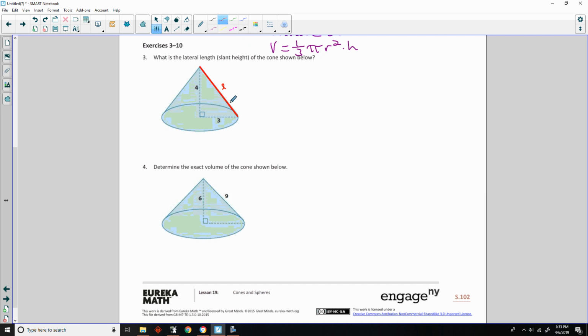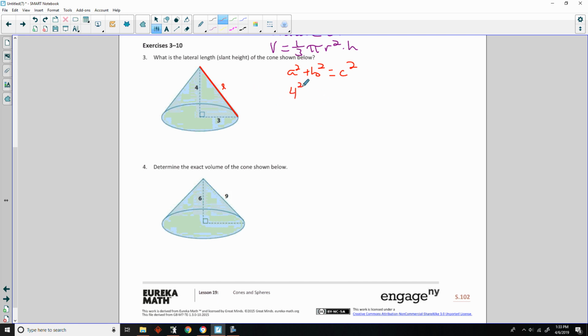So if we want to find that, I see that this is a right triangle. So the Pythagorean theorem says that a squared plus b squared equals c squared. And a can be 4 and b can be 3, or a can be 3 and b can be 4, but the L has to be c.